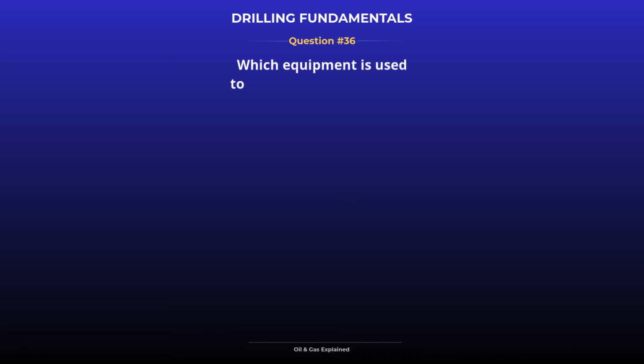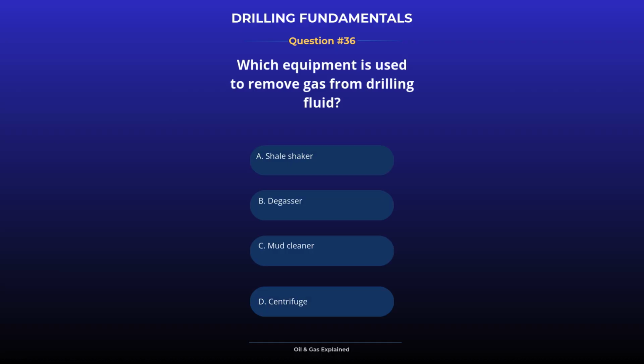Which equipment is used to remove gas from drilling fluid? Degassers remove entrained gas from drilling fluid before it reaches surface tanks.